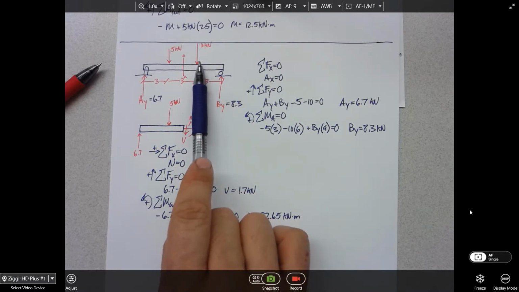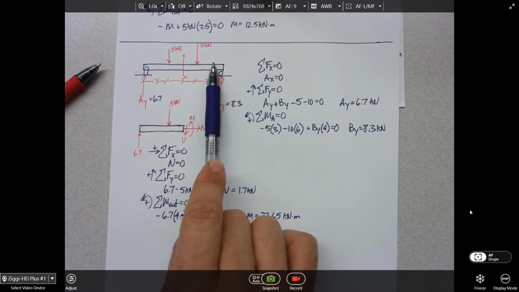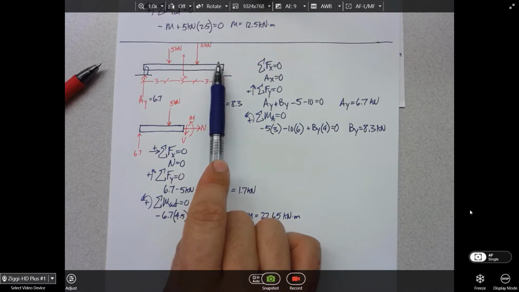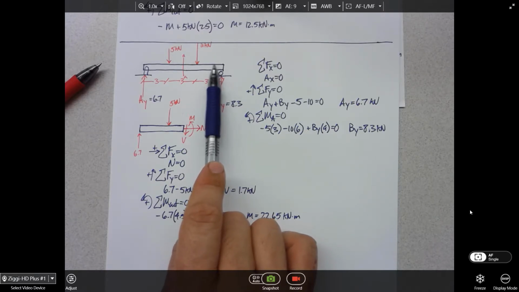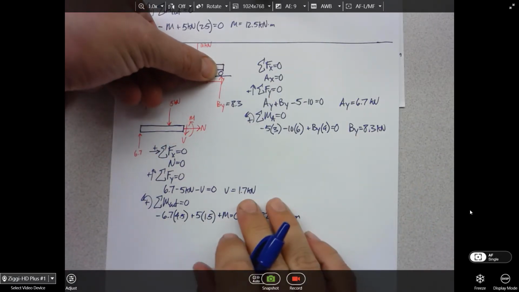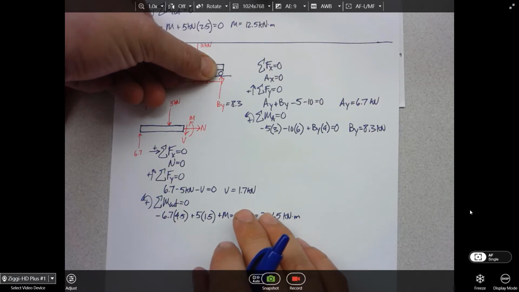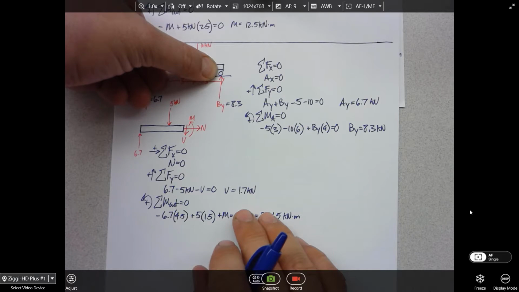That's good. You're right. It's this spot, but it's also this one. And it's also that one. It's any place in here. Because think about it, if we did the free body diagram of this little slice, what would this shear force have to be for it to be in static equilibrium in the y direction? 8.3, right?